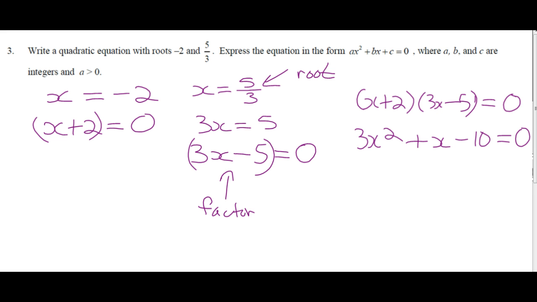Well, if x is equal to -2, then x plus 2 is the factor which corresponds to that root. Same thing with 5/3. So basically what you're doing is write it as x is equal to the root and change it so that the right-hand side is 0. Then you now have a factor. Take the 2 factors, put them together, FOIL it out.